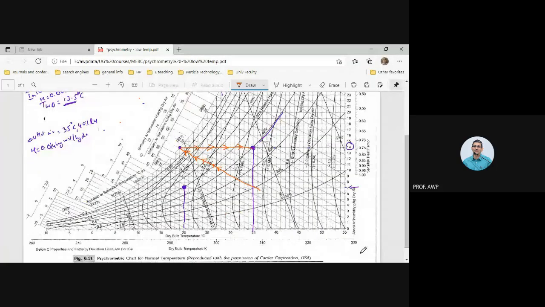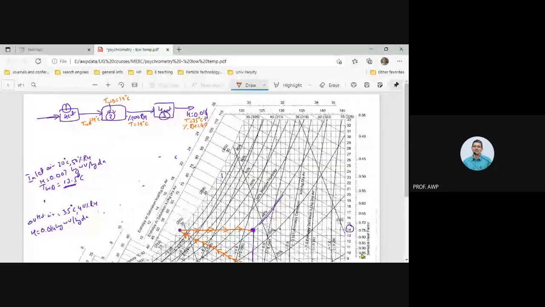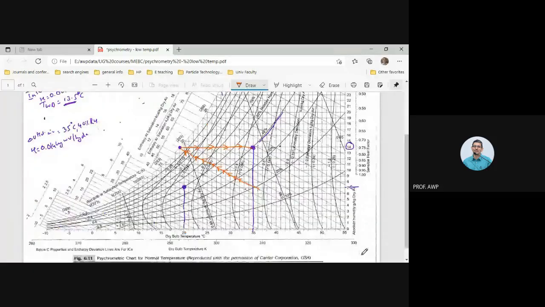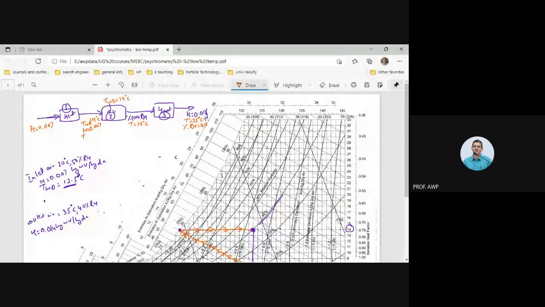That means we are humidifying and cooling the air along this wet bulb temperature line, and the humidity in the first heating step was 0.007, so this humidity would also be 0.007. We have to do this from this point 0.007 until it becomes 100% saturated, so the temperature is almost 35 to 36 degrees centigrade.